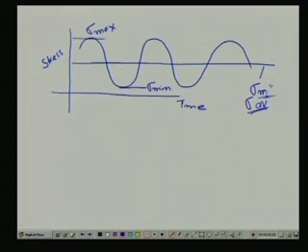So, this is the mean stress, and then this is sigma a, the stress amplitude. That means whatever this comes out to be is the stress amplitude, and this is the sigma mean line.